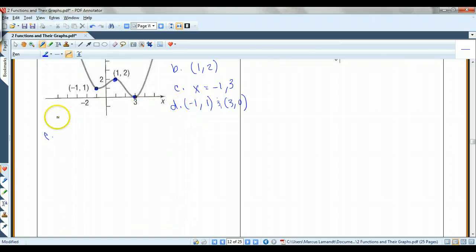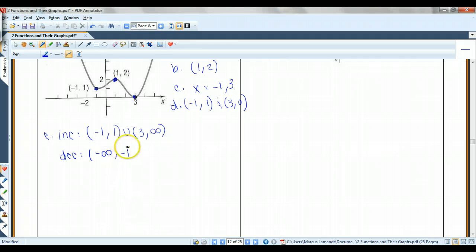From -1 to 1, it's going up. And from 3 to infinity. It's decreasing from -infinity to -1 and from 1 to 3.